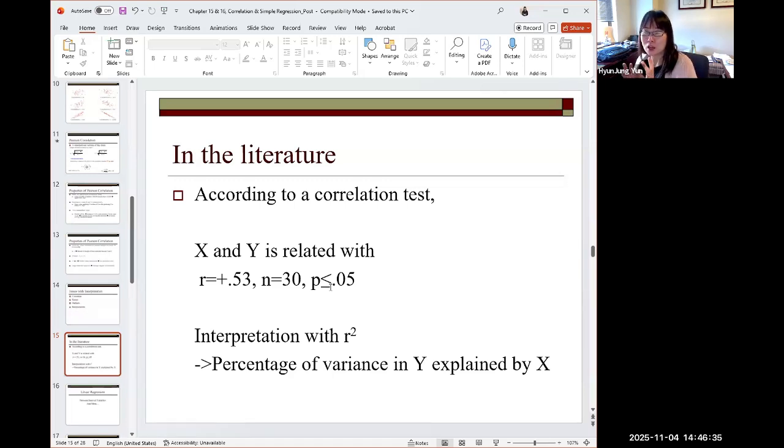As long as your probability value is less than 0.05 or 0.01, that means it is statistically significant, rejecting the null hypothesis and accepting the alternative. In this correlation test, the alternative hypothesis is that these two interval variables are related.